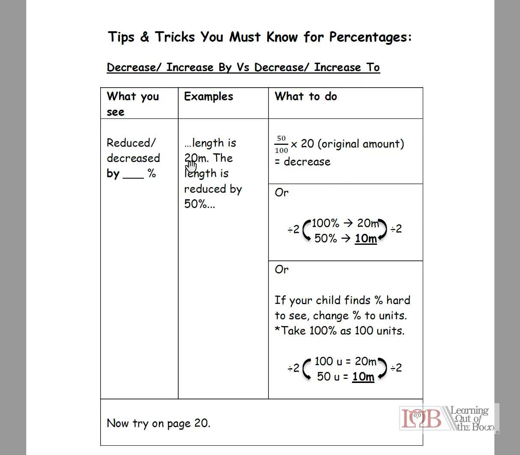If you see questions like reduce or decrease by, that means there's a real reduction, or you can see it as being chopped off, or there's an addition. So, for example, if the length is reduced by 50%, which means that actually it's chopped into half.